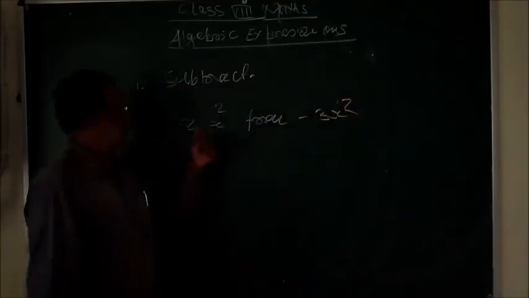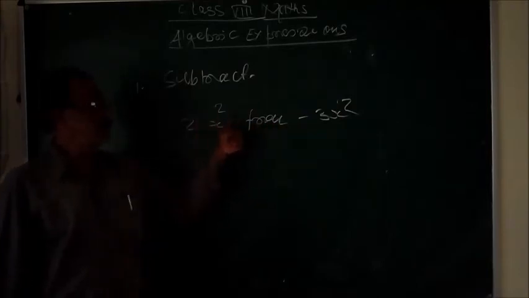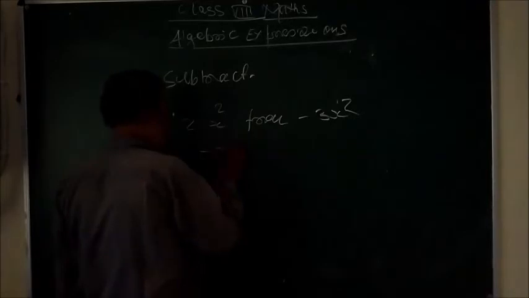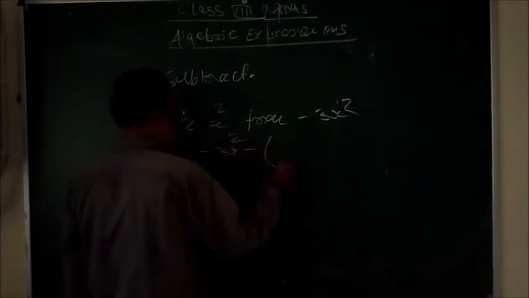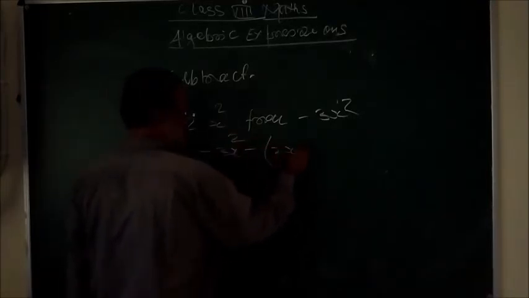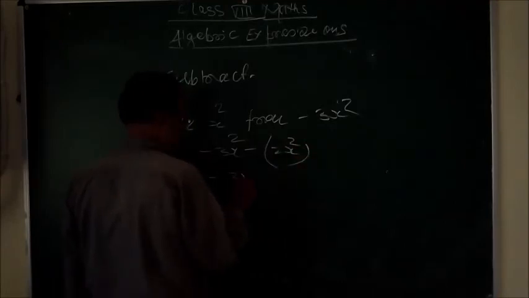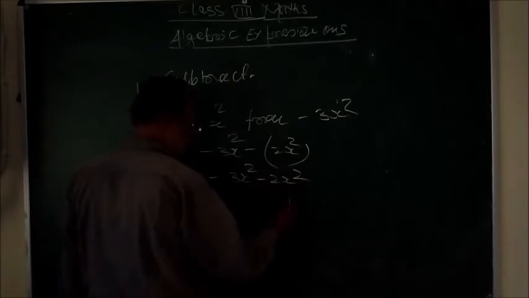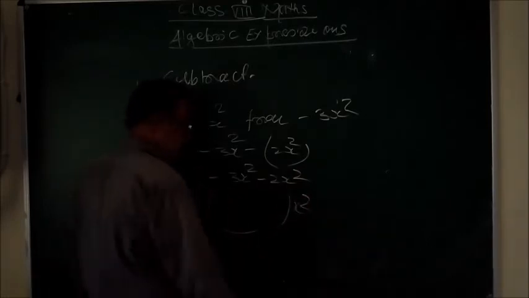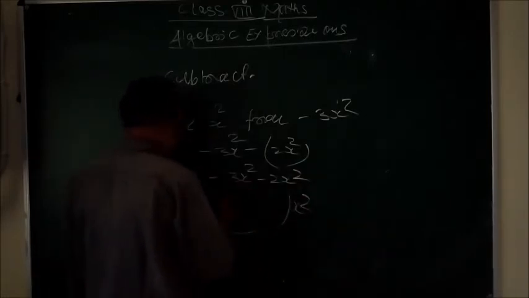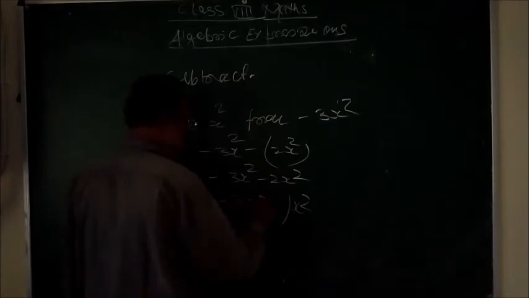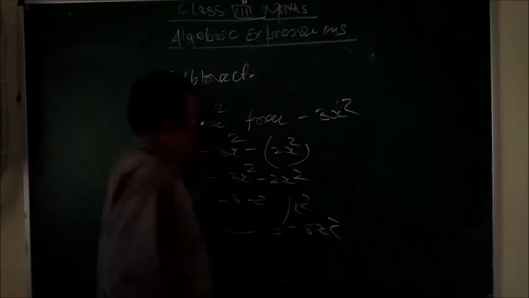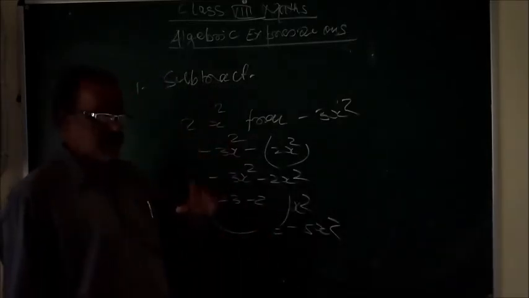So you write minus 3x squared, and there will be a minus for the subtraction, and this 2x squared. Minus 3x squared minus 2x squared. Now they are like terms. You put the variable of the like terms outside the bracket, and the constant terms minus 3 minus 2, and this will be minus 5x squared. So this is the monomial.